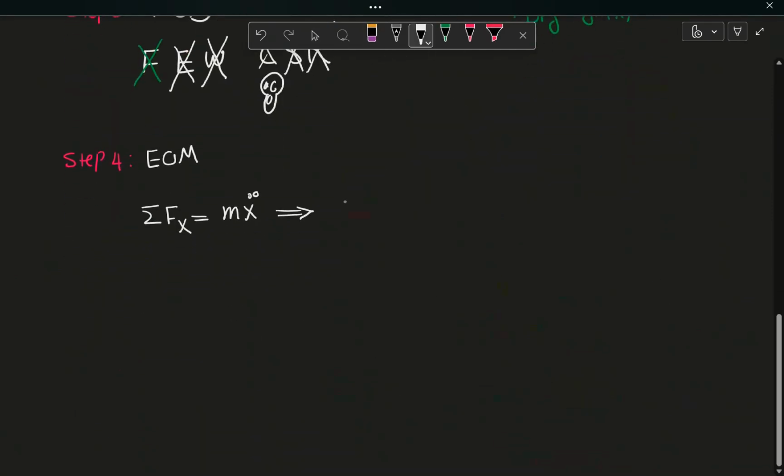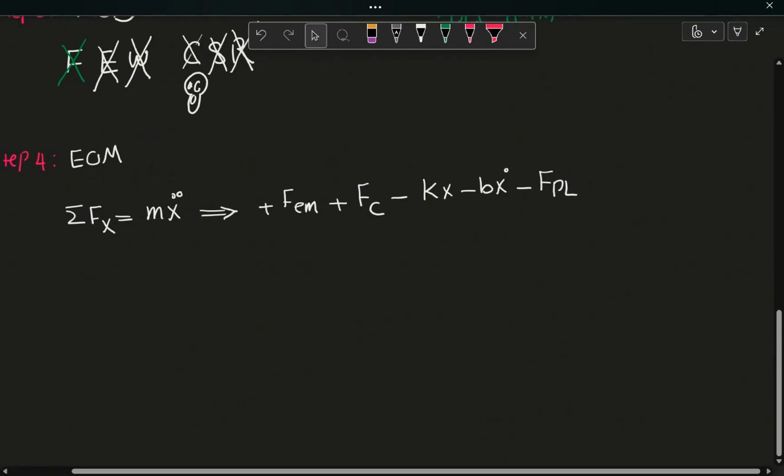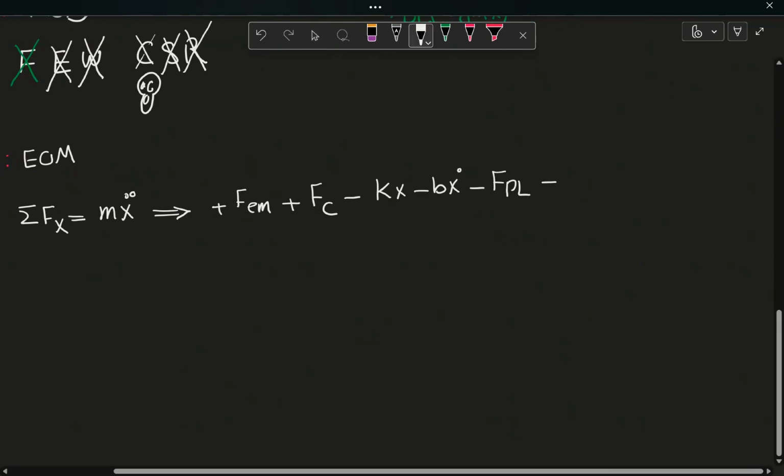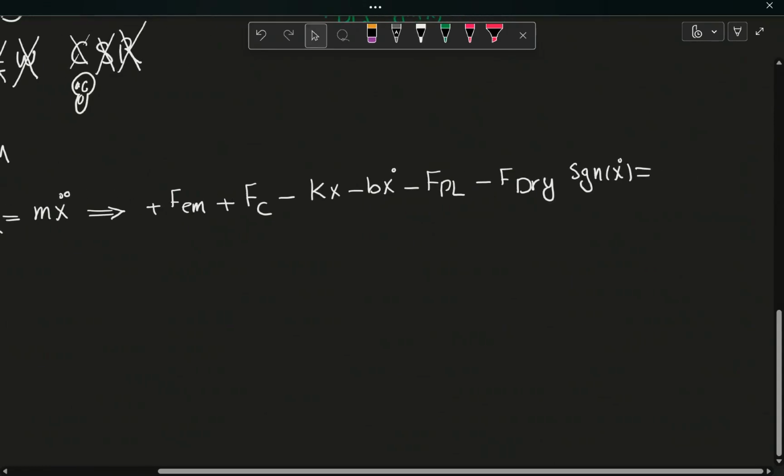So it's going to be positive FEM, positive FC, negative Kx, negative Bx dot, negative FPL, and negative F dry sgn x dot equals m x double dot.